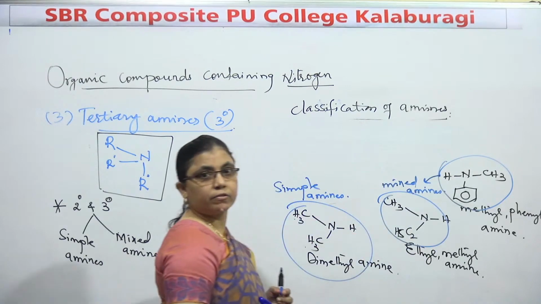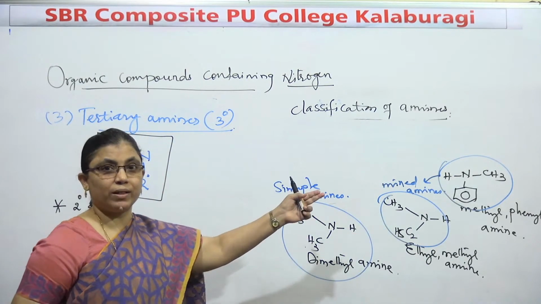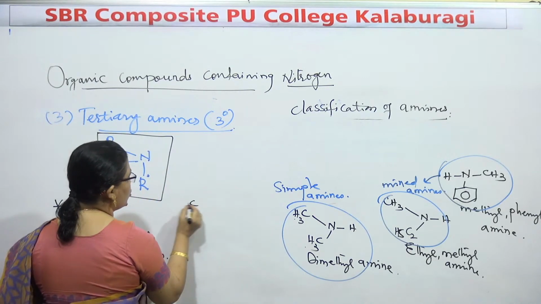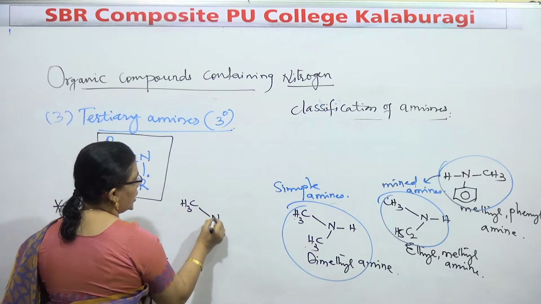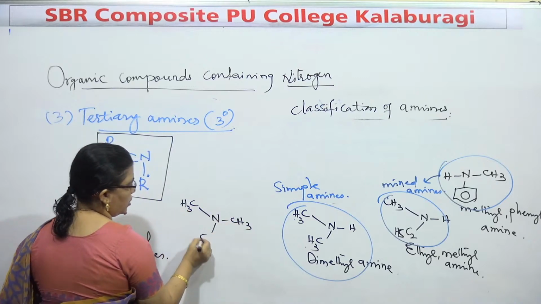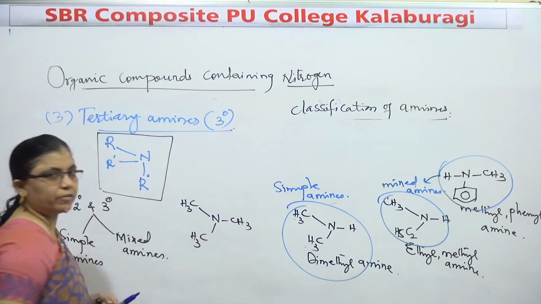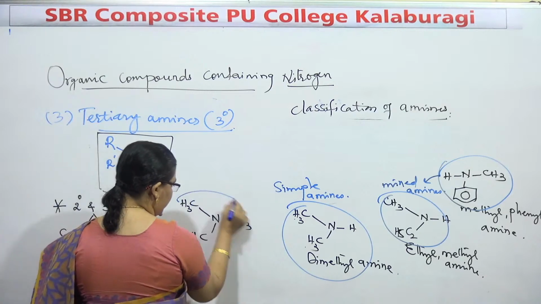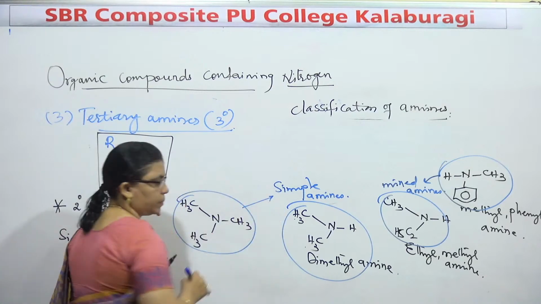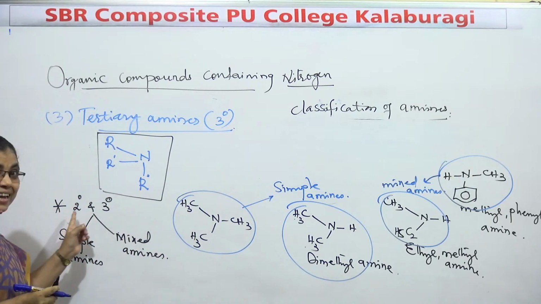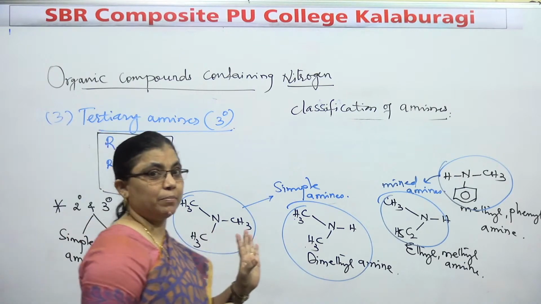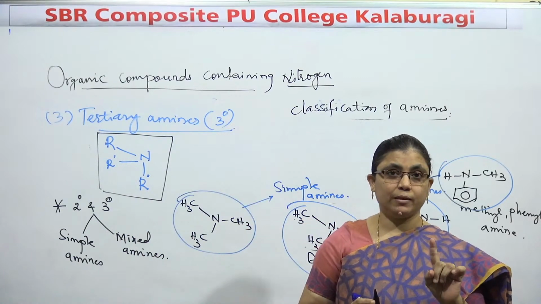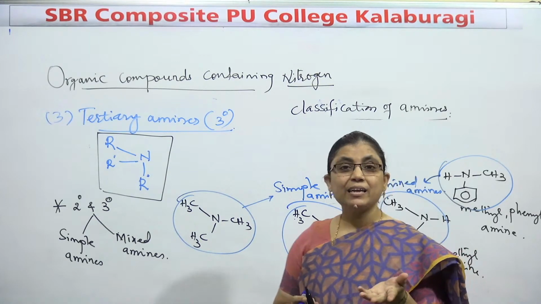Not only secondary, if I write tertiary also, CH3, CH3, CH3, all the three alkyl groups are same, so they too are named as simple amines. Only secondary and tertiary are considered, not primary, because in primary only one alkyl or aryl group is there, so no question arises of simple and mixed amine.